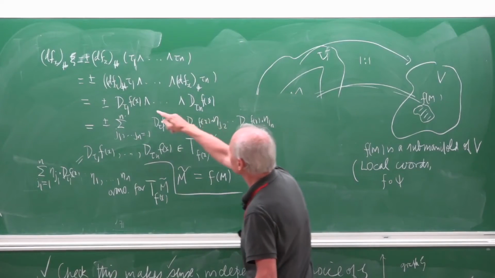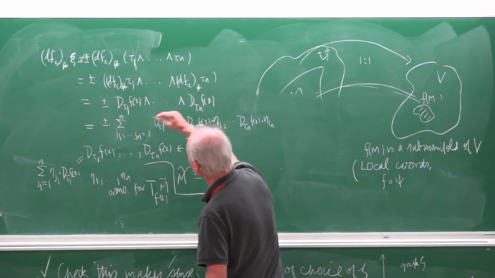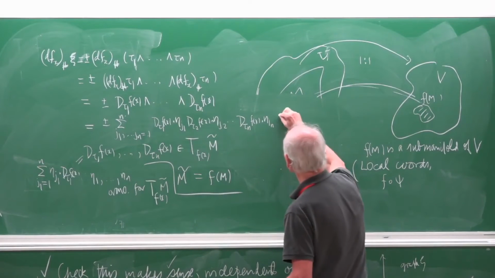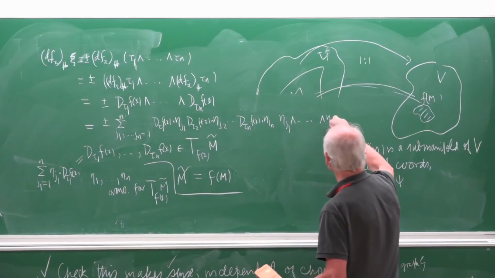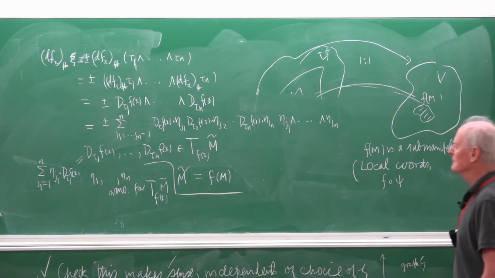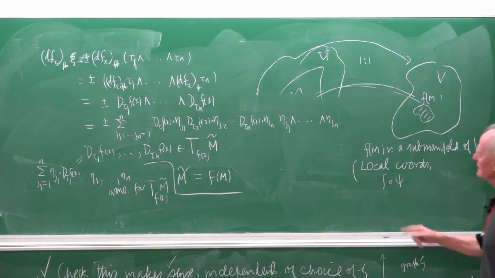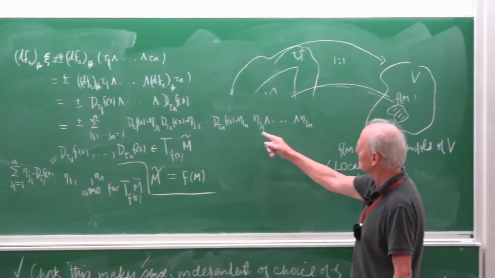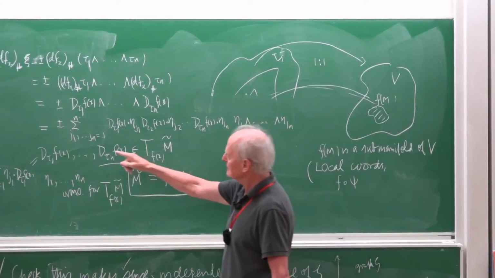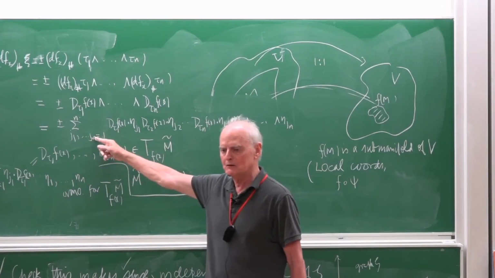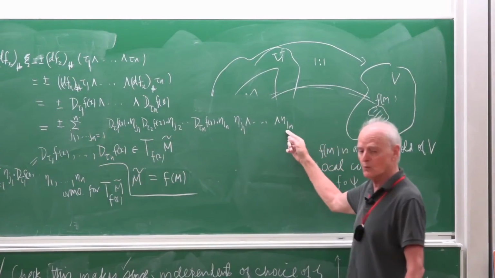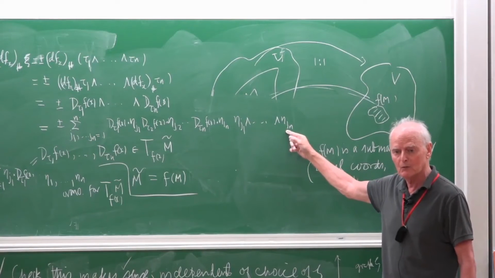And what we have left after we pulled out those linear factors is the wedge product of eta j1 wedge to eta jn. And we recognize that we need only worry about summing over distinct j1 up to jn, because we know that these wedge products are always 0 if there's any repetition there.